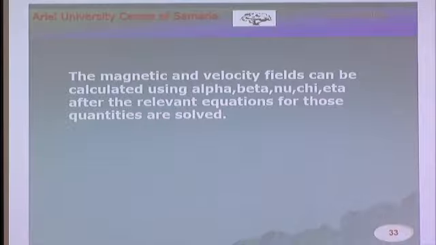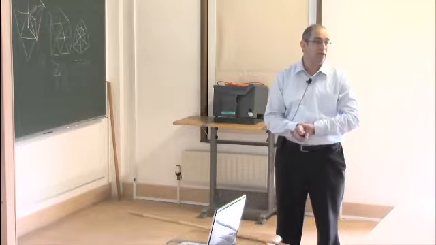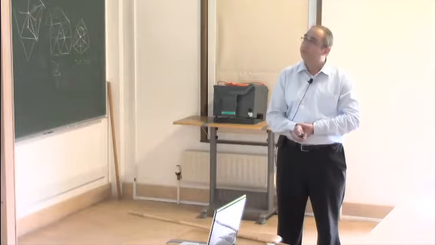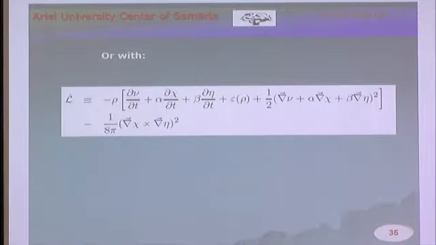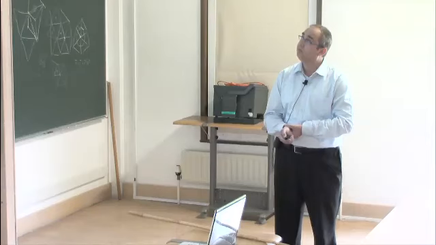You can just take alpha, beta, nu, chi, and eta once you have them and plug them in the definitions and get the velocity and the magnetic field. So if you take this as a definition, those terms are gone, and you remain with this L hat, which depends on those 6 functions. So the final Lagrangian contains only 6 functions and yields 6 equations, which are given here.